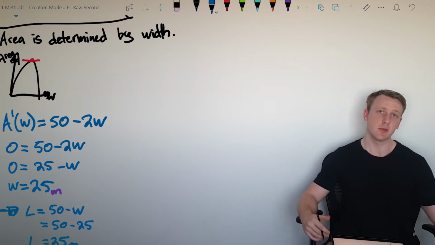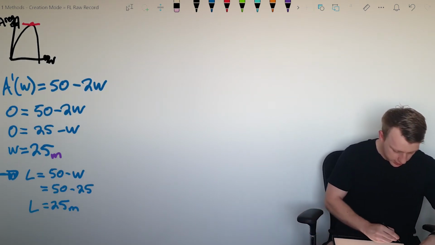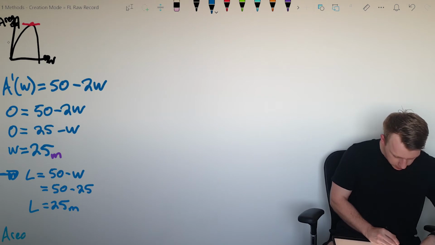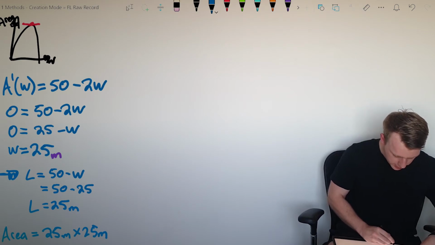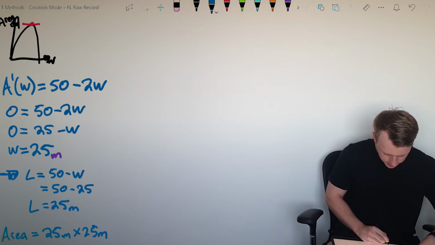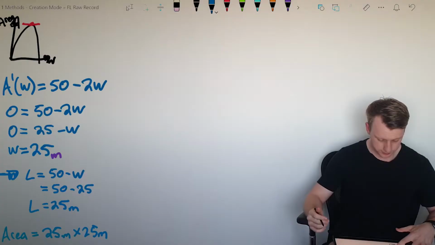So the length is 25 meters and the width is 25 meters, and I can determine the area. It would be length times width, which is 25 meters times 25 meters. And as we visualize there, 625 meters squared. Very nice.